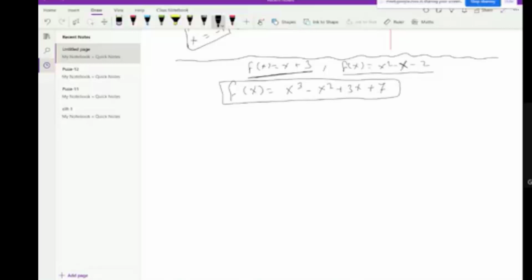If he says solve this problem, it will be very difficult for us. Then we need to use numerical methods.